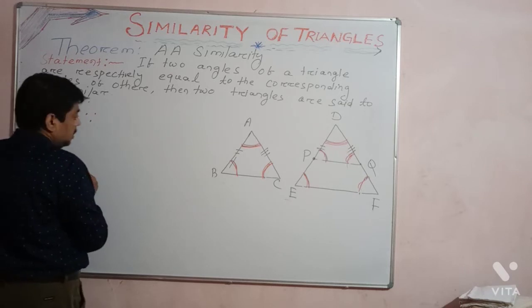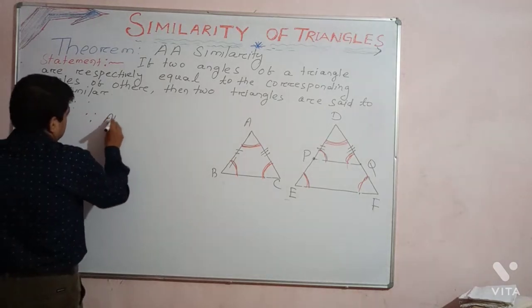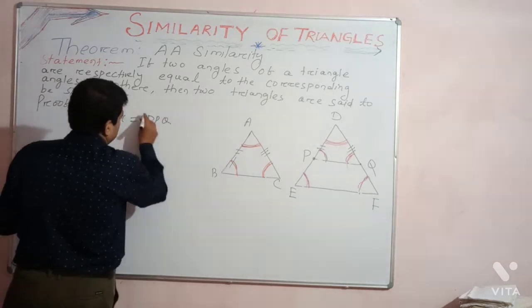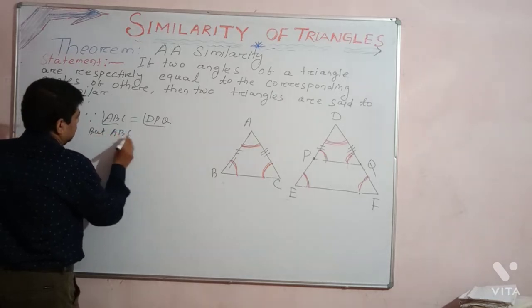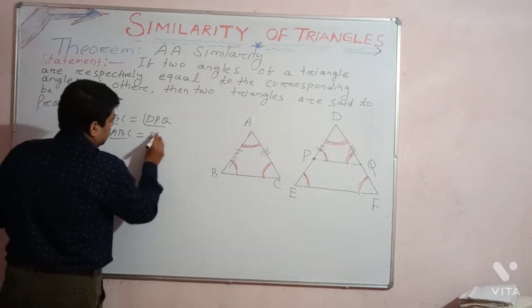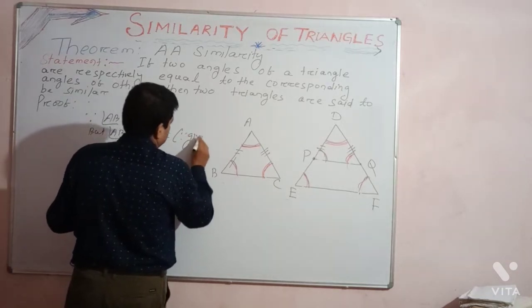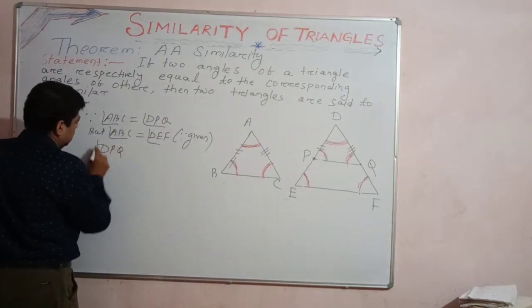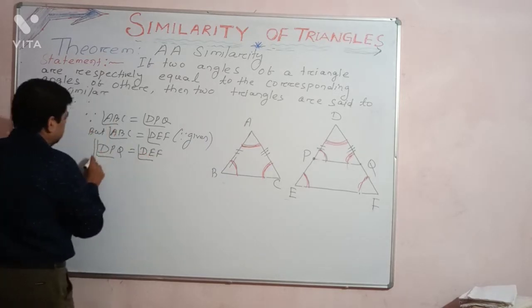Angle ABC is equal to angle DPQ, but angle ABC is equal to angle DEF, since it is given. So angle DPQ is equal to angle DEF. Yes or no?